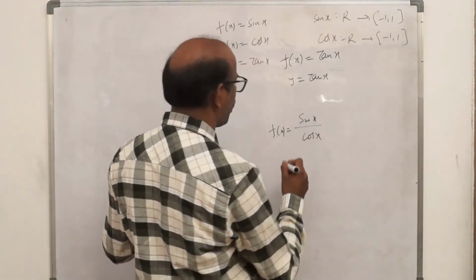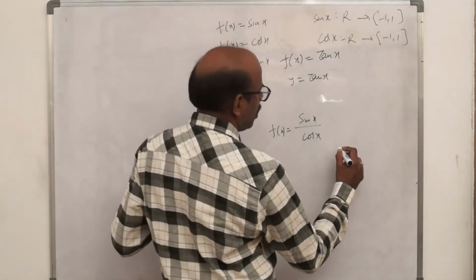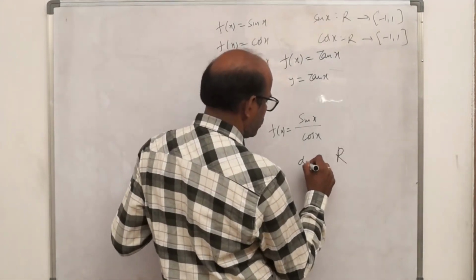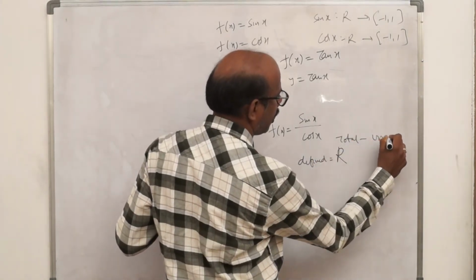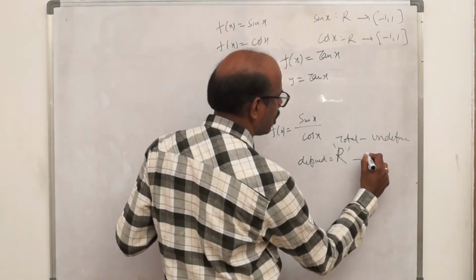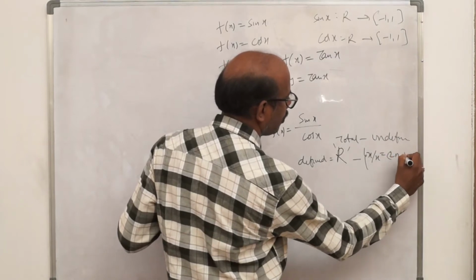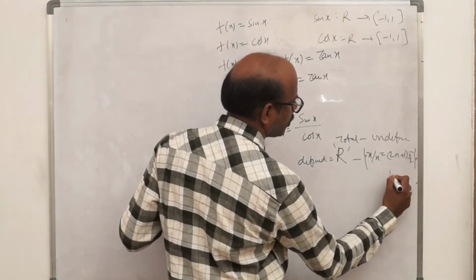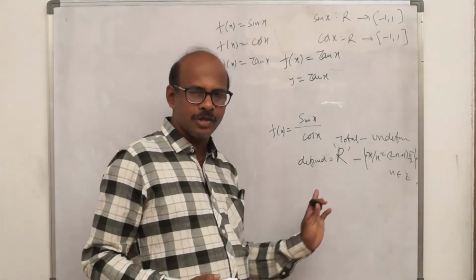In detail, the domain is defined as total minus undefined. The total is real, and the undefined values are x such that x equals an odd multiple, meaning 2n plus 1 into pi by 2, n belongs to Z.